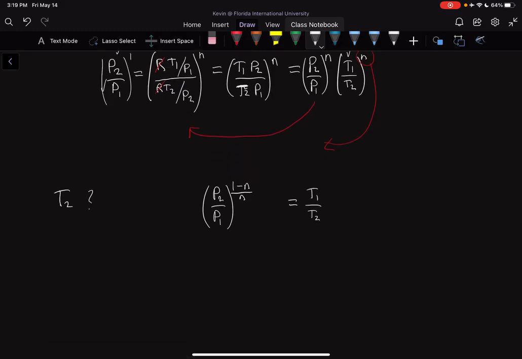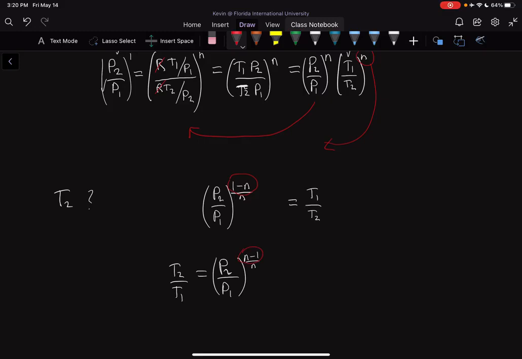And we can go one step further and rearrange this equation so that we have T2 on the top, just so it makes it easier. T2 is equal to P2 over P1 to the power of n minus 1 over n. Okay, so the difference here is that this term right here was rearranged.